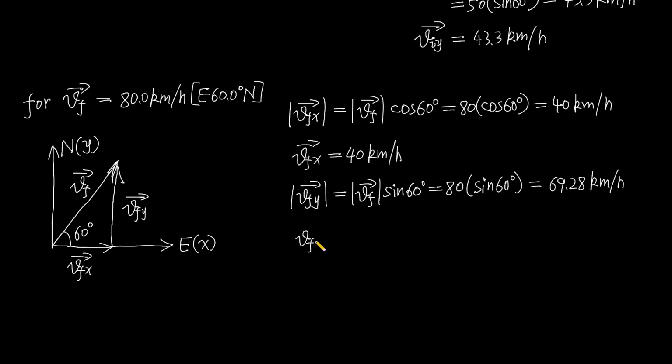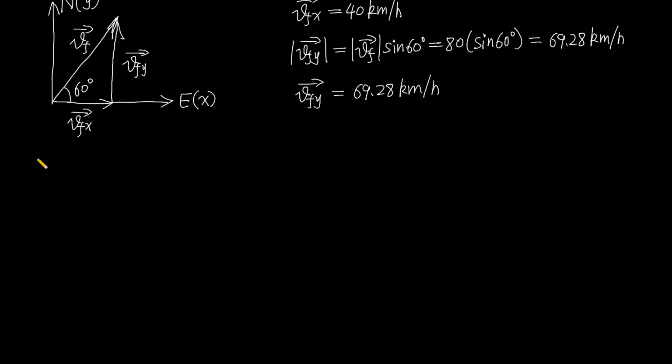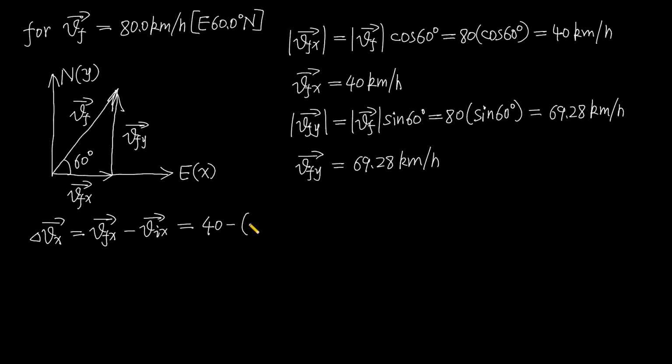Then the final velocity y just equals 69.28 kilometers per hour. Now we can get the velocity change x equals the final velocity x minus the initial velocity x, and this equals 40 minus negative 25 and equals 65 kilometers per hour.